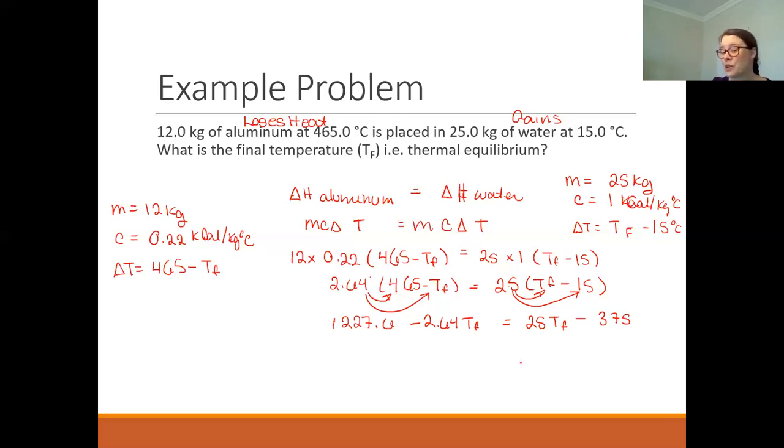And now we're just rearranging. We're going to combine our like terms. So the two terms with TF, they're the same kind of terms. We'll combine them. And the two terms that are numbers, we're going to combine. So let's put the TFs together. So I'm going to move this to the other side by adding it. And that leaves me with 27.64 TF.